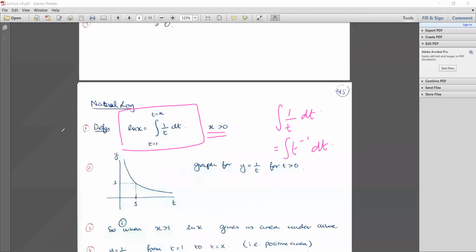And if I try to apply the power rule, I get t raised to power negative 1 plus 1 over negative 1 plus 1 plus c. And that gives me division by 0. So this is an incorrect application of the power rule because the power rule does not apply to this case where my exponent is negative 1.